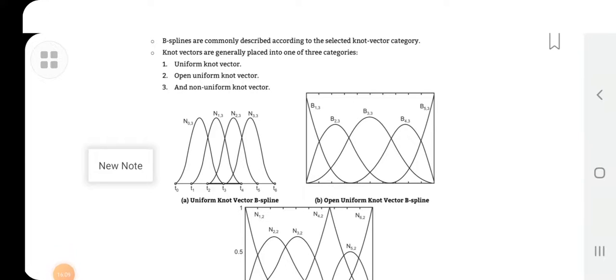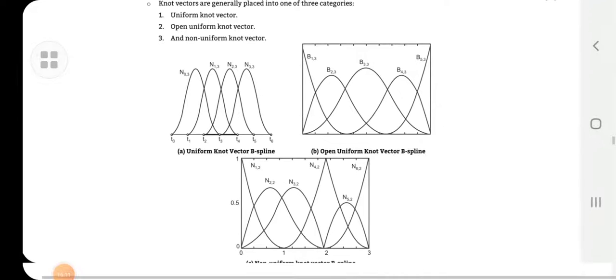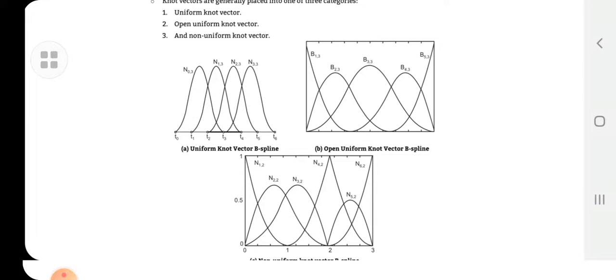The first is the uniform knot vector. The figure shows the uniform knot vector B-spline in figure A. Then T0, T1, T2 and T3 make a sine wave. These waves are connected to each other, taking the middle point from each wave.